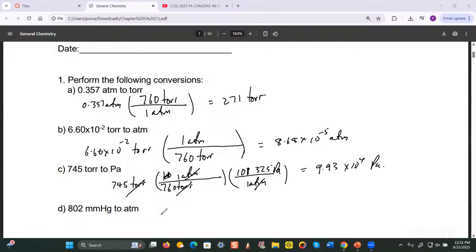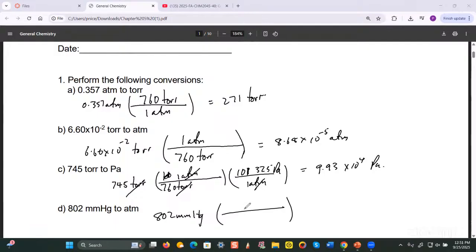B, you're going from 802 millimeters mercury to atmospheres. So what do we multiply by? What goes below, what goes up top? Okay.